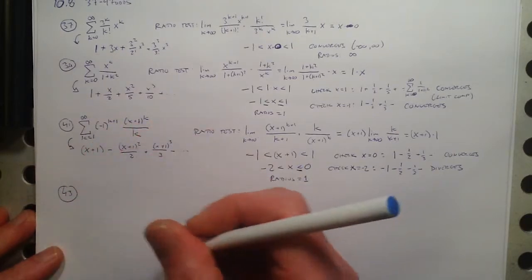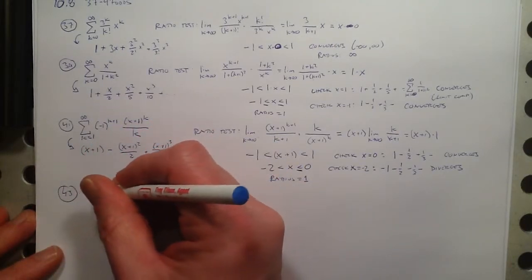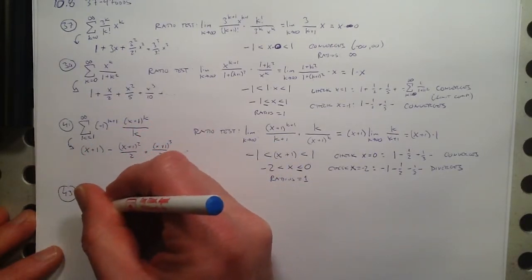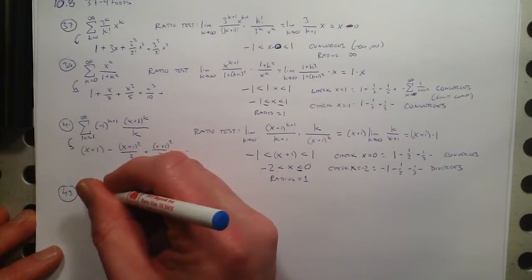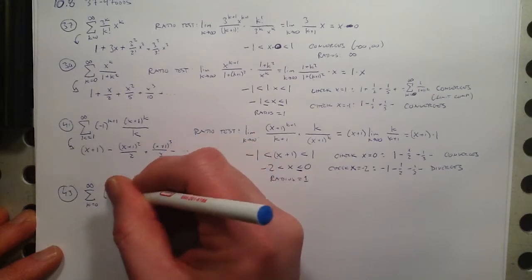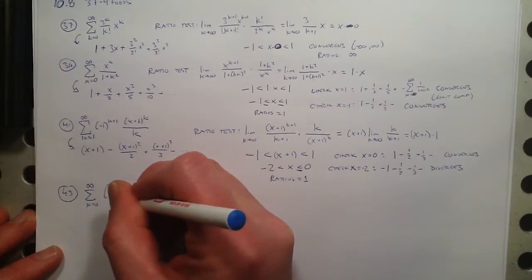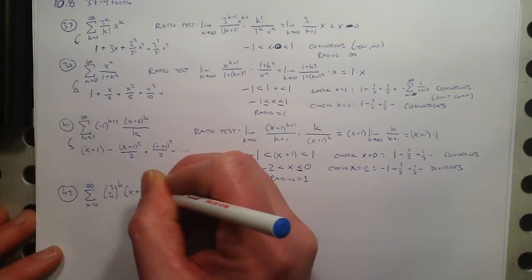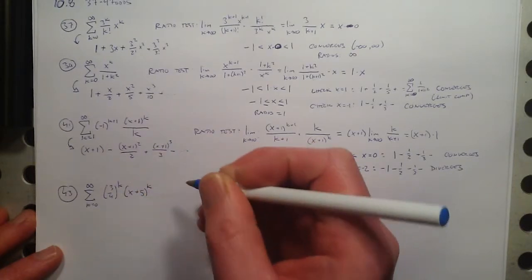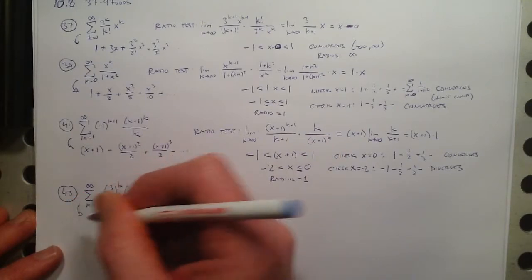Number 43. Got another one here that's not centered at 0. K equals 0 to infinity, 3/4 to the k times, sorry, x plus 5 to the k. Right, the first few terms here.